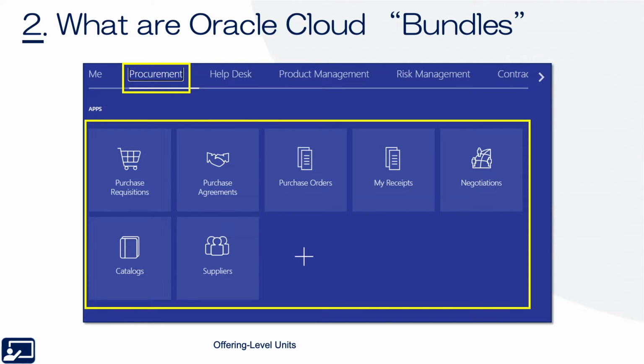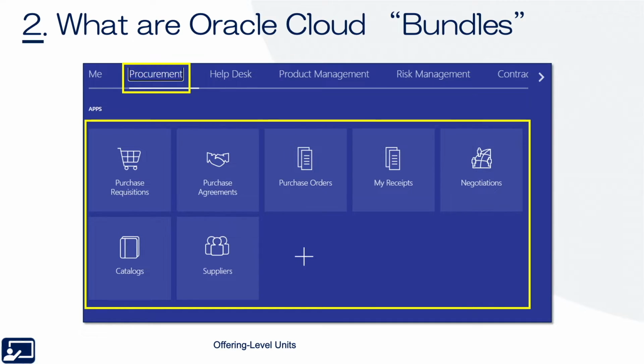Two. What are Oracle Cloud Bundles? Bundles are an effort to raise the level of abstraction up. So now you're getting all of these related applications to do a functional area like procurement. And they're oftentimes akin to what Oracle calls offerings.